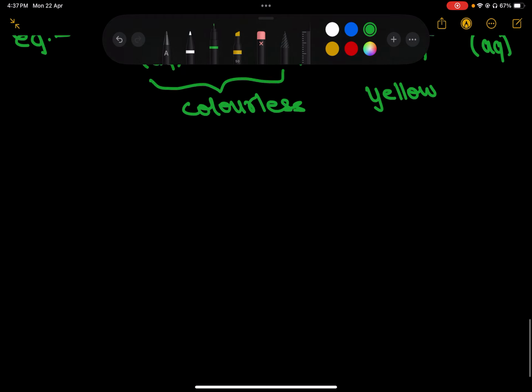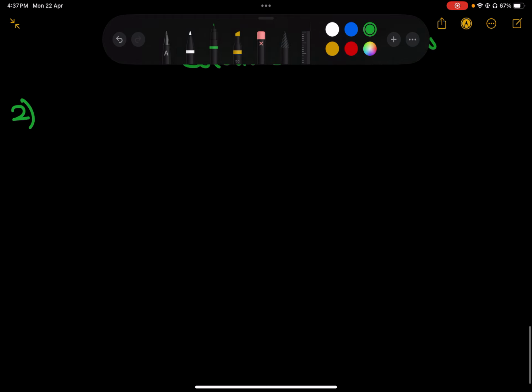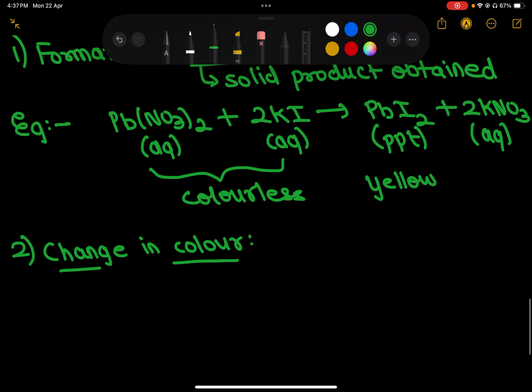Next we have a change in color. This is quite obvious. In this reaction as well, the change in color can be seen from colorless to yellow, which indicates that a chemical reaction has taken place. I'll give you another example.